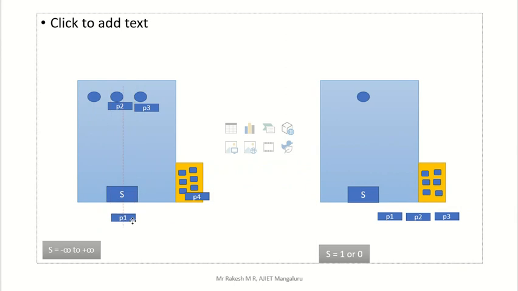P1 came outside, and the value, which was 0 minus 1 minus 2, means two processes are in the waiting room. There is a system that sends a wake up signal. For the processes present inside the waiting room, here two processes, meaning two persons, the system will send a wake up signal. When the wake up signal comes in the waiting room, it means that one chair is free.